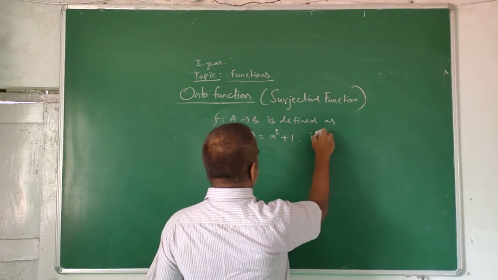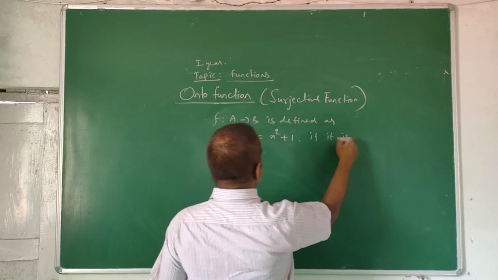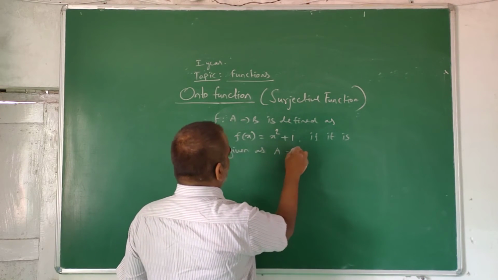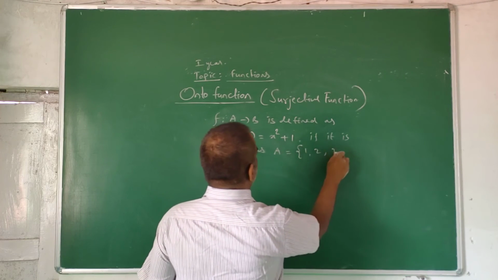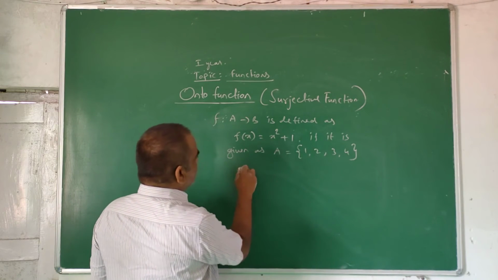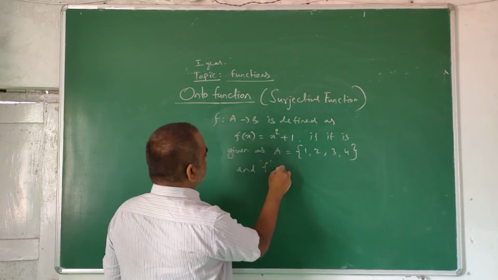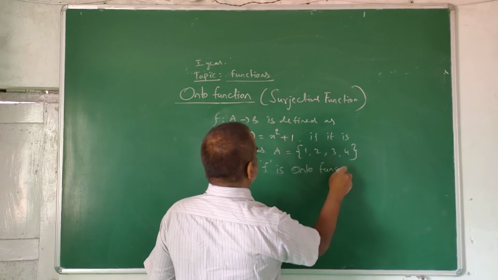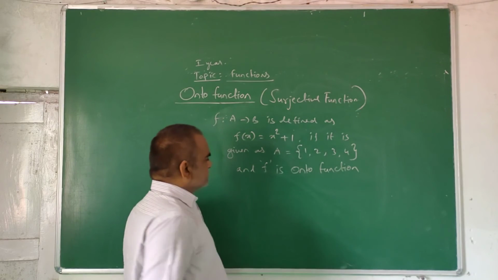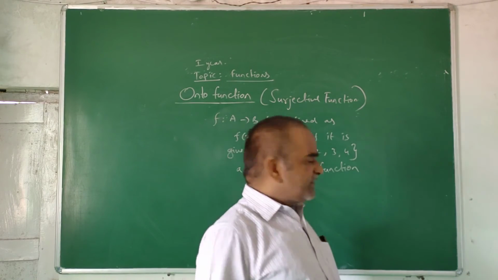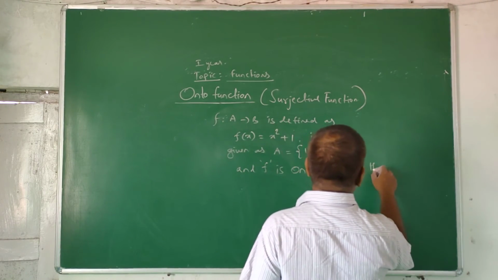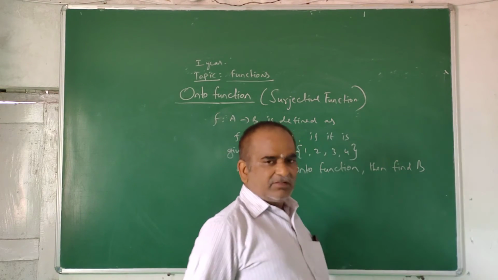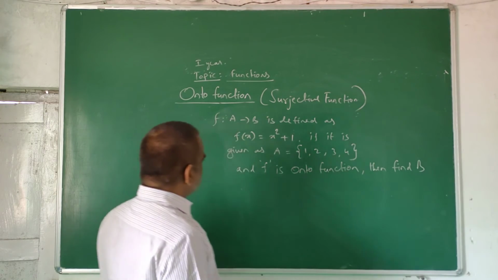If it is given as A is equal to {1, 2, 3, 4}, and f is onto, then find the set B. So this is the question. Now solution.